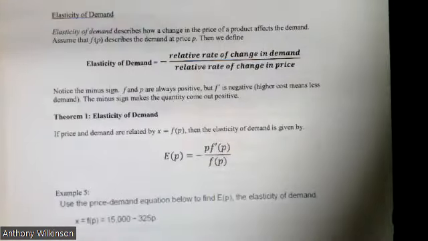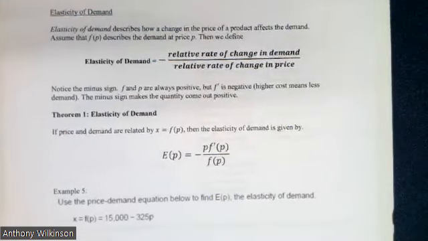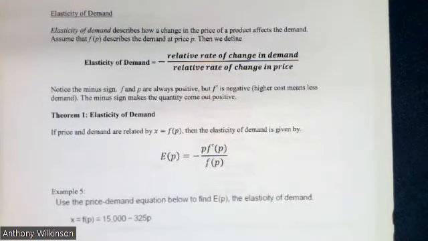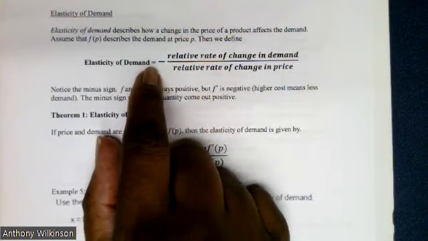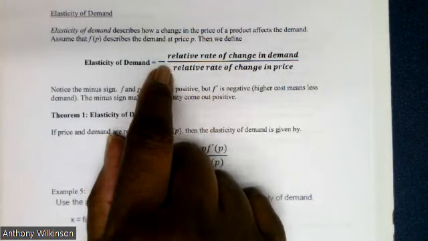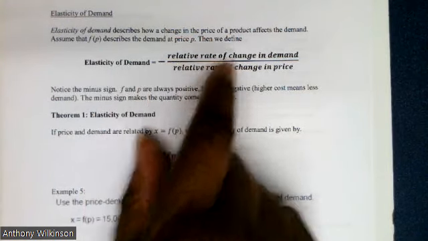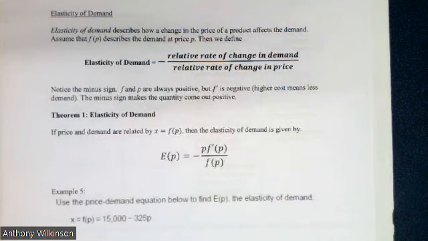All right, now on the next page, we're going to talk about elasticity of demand. This describes how a change in the price of a product affects the demand. We're going to assume that f of p describes the demand at price p. Then we define our elasticity of demand as this. It's going to be equal to negative relative rate of change in demand divided by the relative rate of change in price.